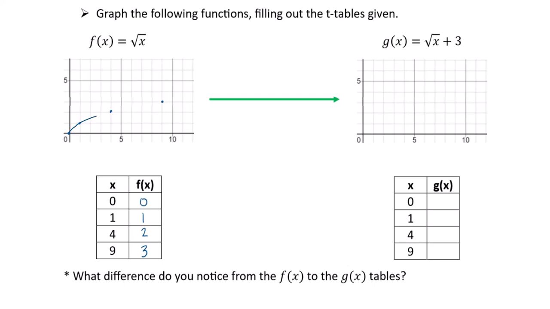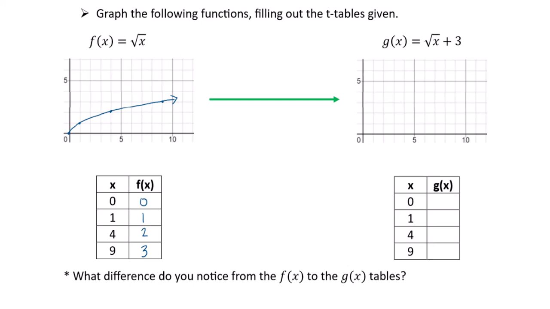When we connect those points, we can see the shape of the graph, one of our parent functions, the square root graph. Let's look at g of x. For g of x, I have the square root of x plus 3.